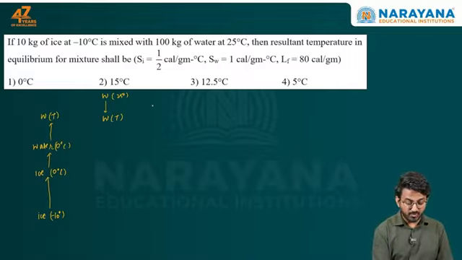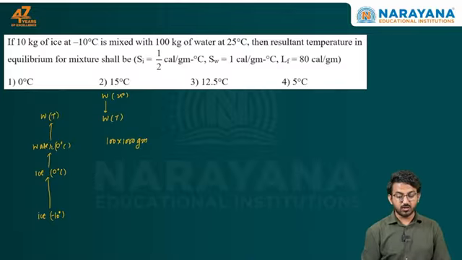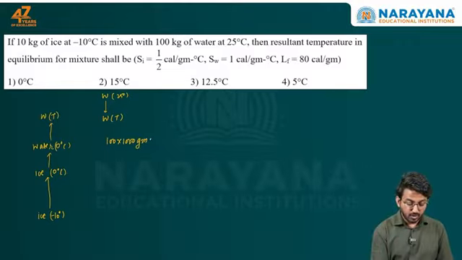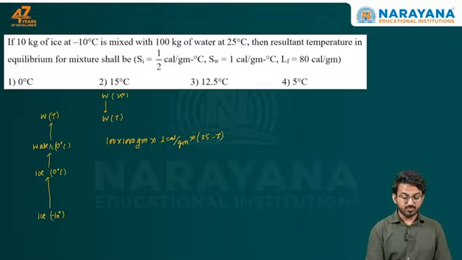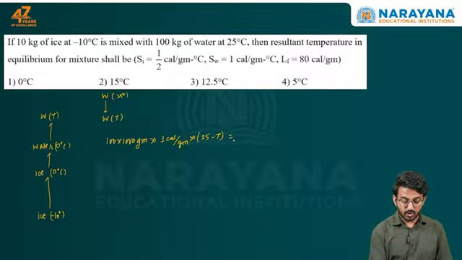So, from the principle of calorimetry, I can write heat lost by water, which is 100 kg. So, I need to convert it to gram. Be careful here. Why? Because all the data about specific heats is given in calories per gram. So this is for water. Water is going from 25 to T. This is the heat lost by water here, and this is going to be equal to ice, which is 10 kg.